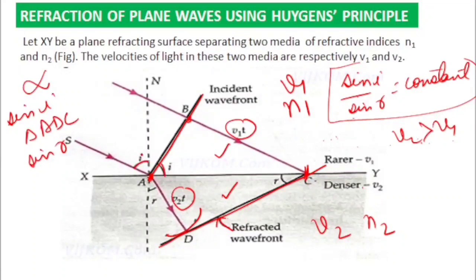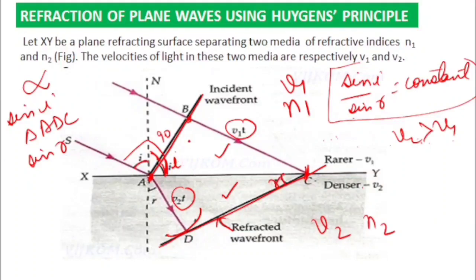This one is I, between the normal and the incident ray. This angle is 90 degrees, between the incident wavefront and the ray. So this becomes 90 minus I, that's why this is I. The angle between the incident wavefront and the refracting surface is I. Again this one is R.